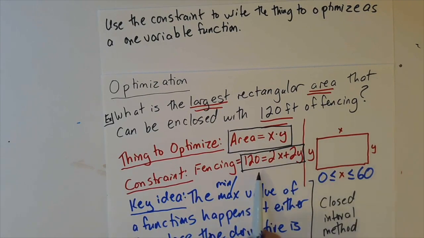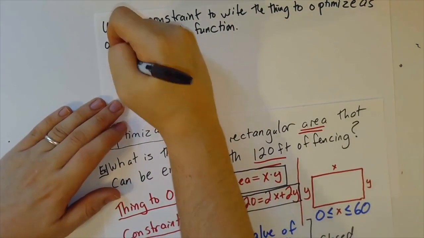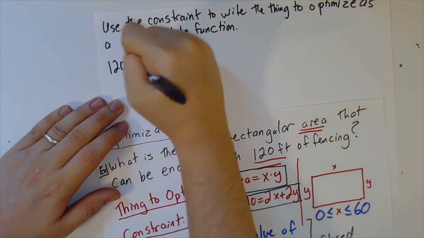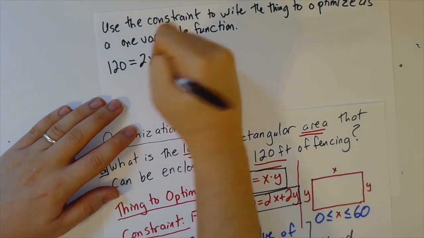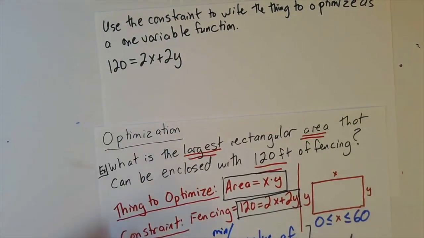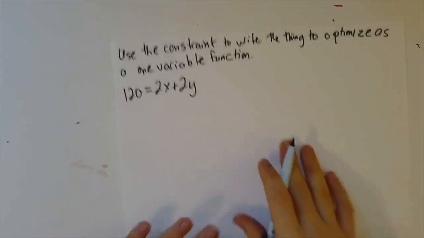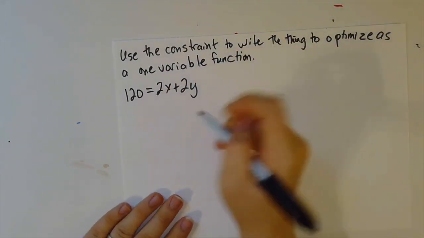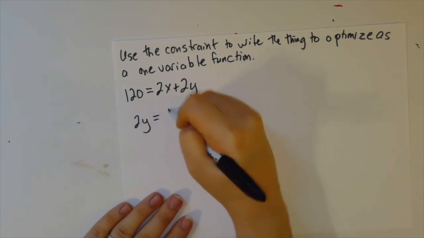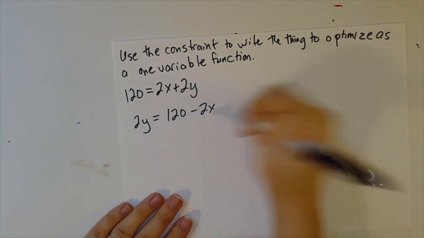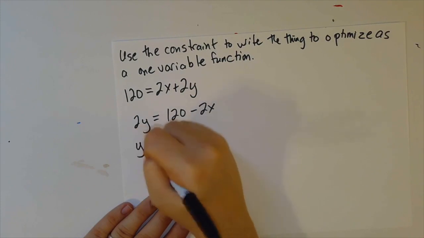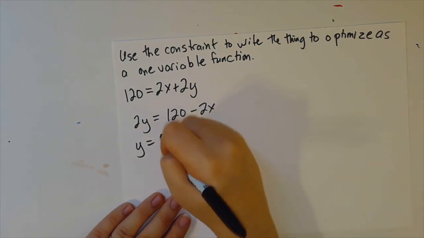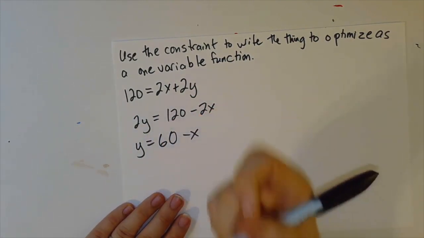So I'm going to solve this constraint for y. I'm going to write down 120 equals 2x plus 2y. And then I'm going to solve this. That means that 2y is 120 minus 2x, which means that y is 60 minus x.